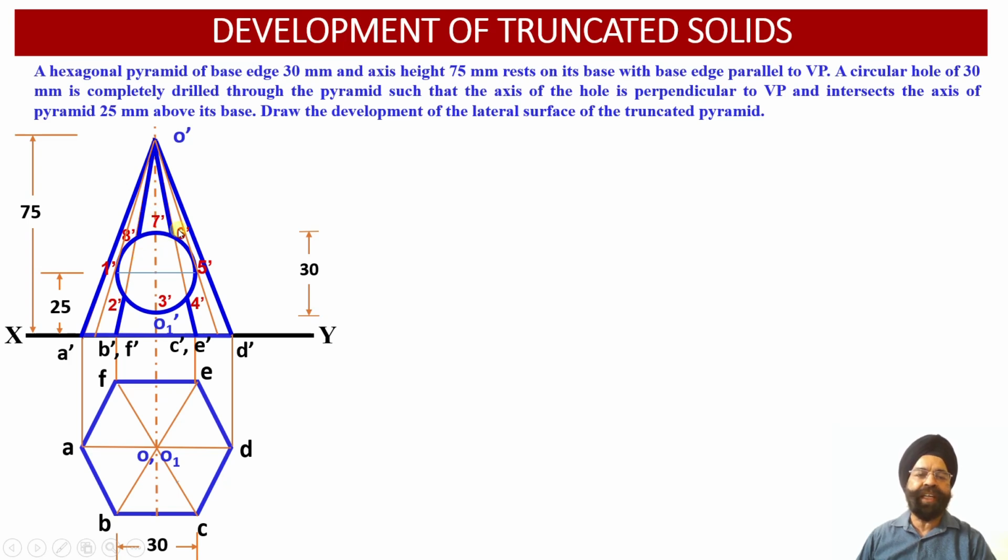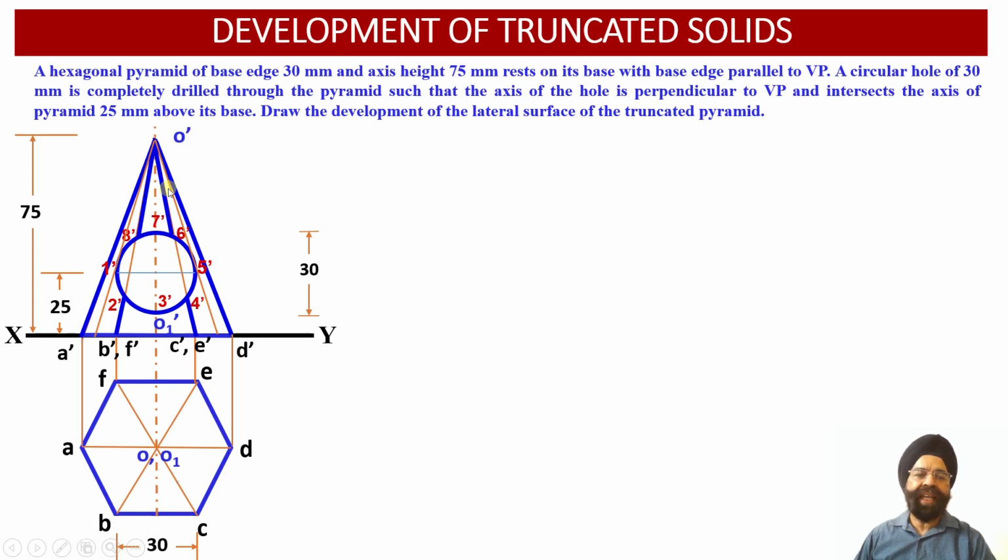Similarly, the points of intersection 6 dash and 4 dash have been obtained by the intersection of the circular sectional plane with the slant edges O dash C dash and O dash E dash. These are the 4 slant edges which have been intersected by the circular sectional plane.